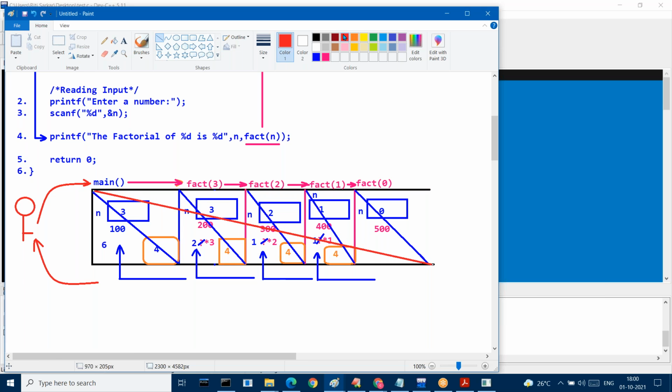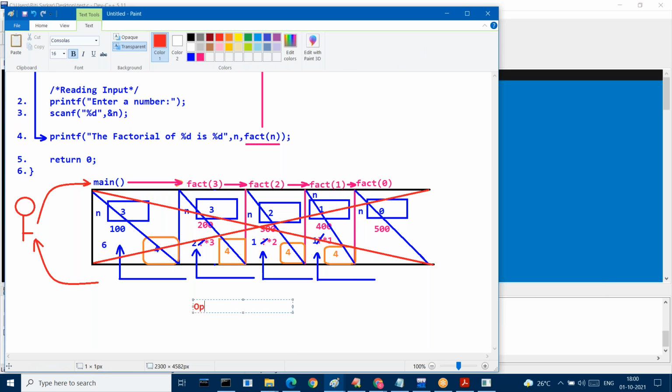Unnecessarily memory is wasted. Let me delete this stack. This total story, where did the movie take place, guys? Sir, the movie took place in the operating system provided stack.